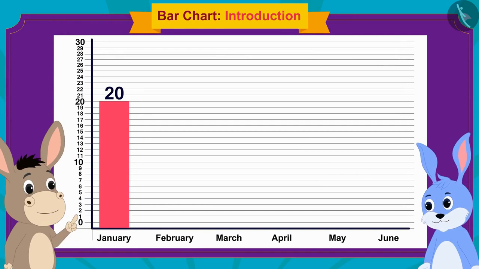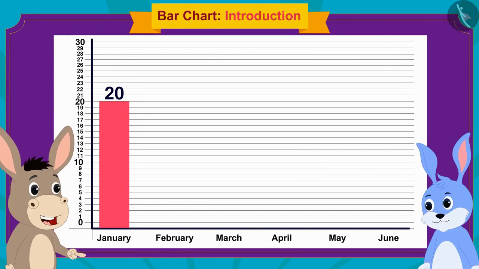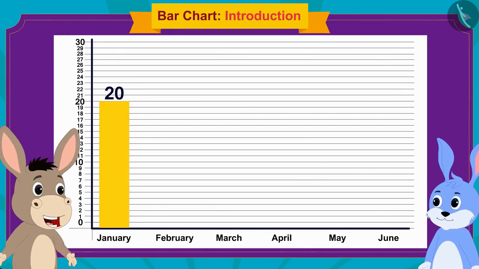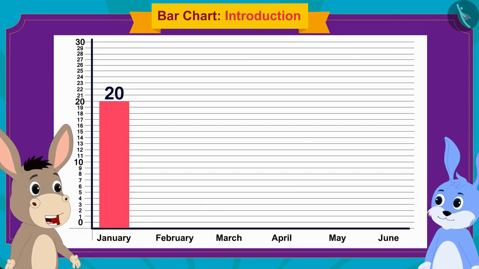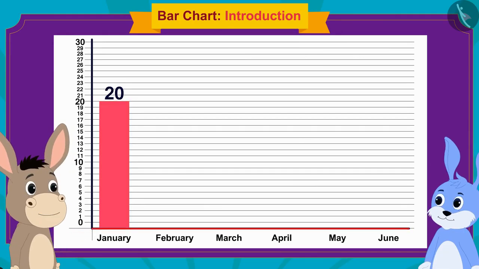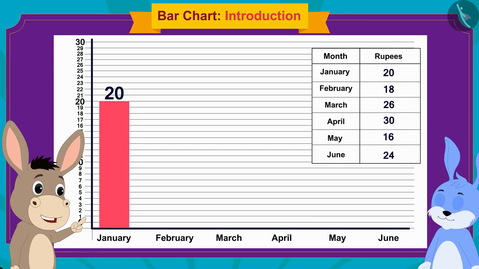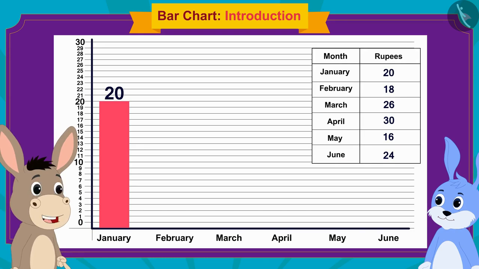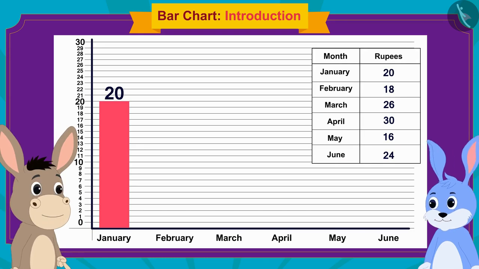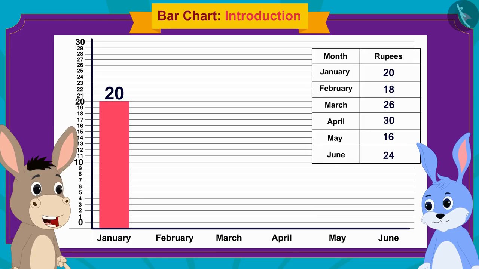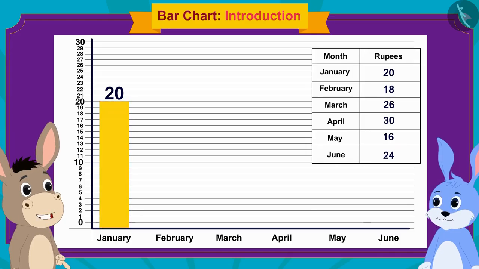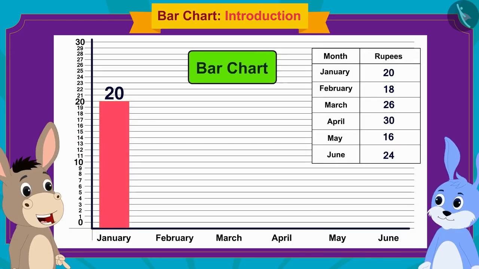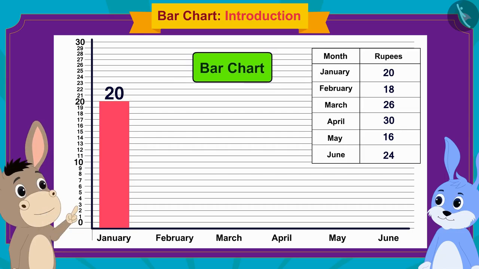Look, Bunny, we have to make thin rectangles in this way on the horizontal line for the amount saved in each month, whose length will be the same as the amount saved in that month. And because these rectangles look like bars, hence we call this chart a bar chart.